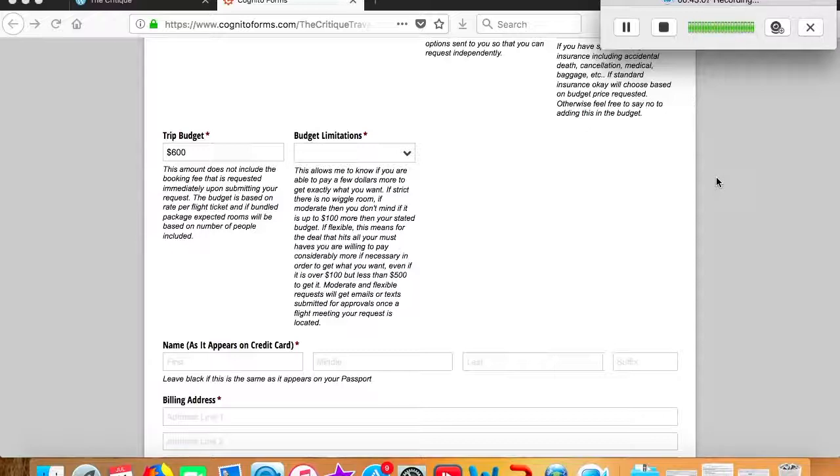Some people may say 0. So I can't go any higher than 600. That's my max. Or I can't go any higher than 620 or 640. But this gives me some leeway. So I know that we're aiming for 600, but for the right ticket, I'm willing to go as high as $100 extra.